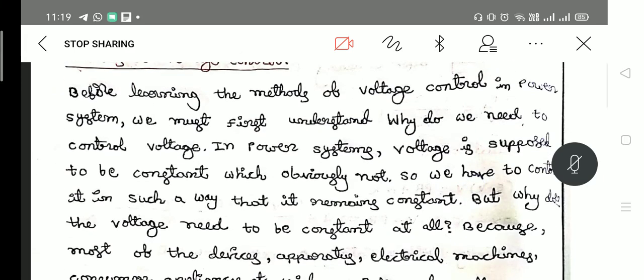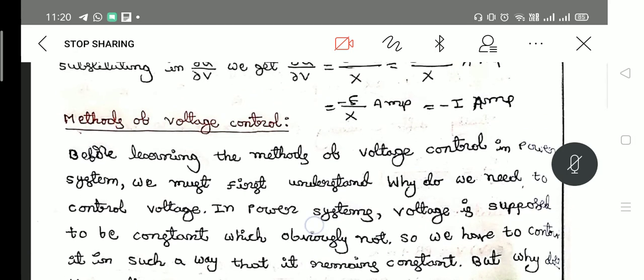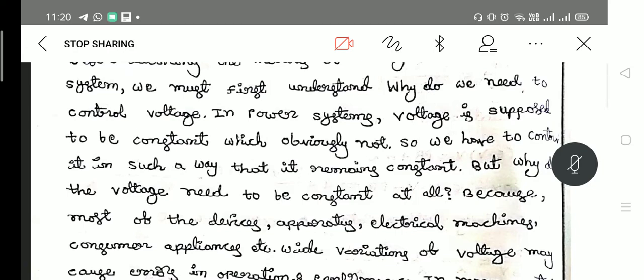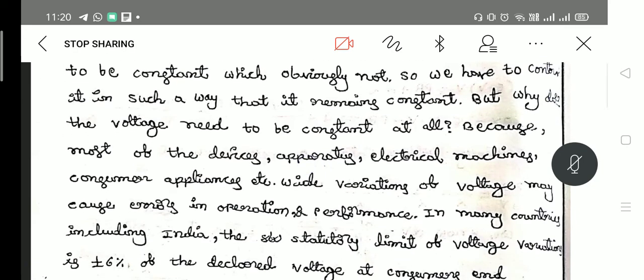But we cannot maintain constant supply; sometimes it will be less or greater, within a rating of plus or minus 5 percent. The limiting range is either decreasing or increasing the voltage. We can regulate that voltage and maintain constant voltage using different types of methods. We have a number of methods of voltage control here.